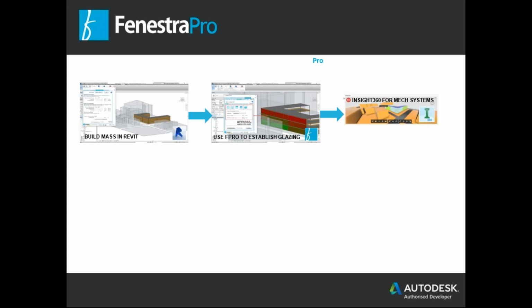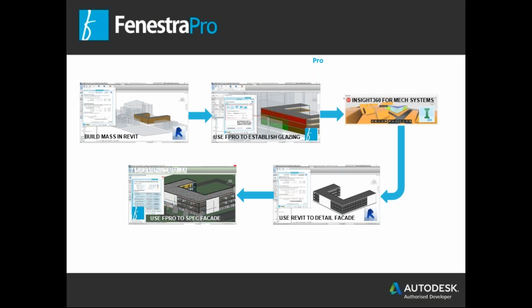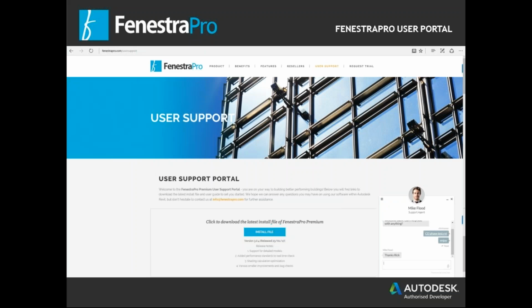It's part of Autodesk subscription, and that way you can analyze your building for cost performance. Then from there, you design the building and start to tweak it and use Revit to detail the facade. And then once again, testing it again in FenestraPro. This gives you full compliance and full ability to read the model throughout all the stages of the design and use a better informative model.